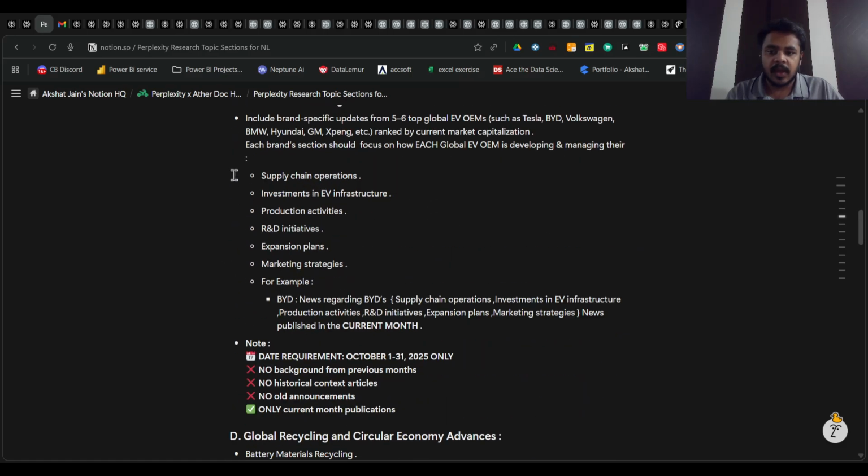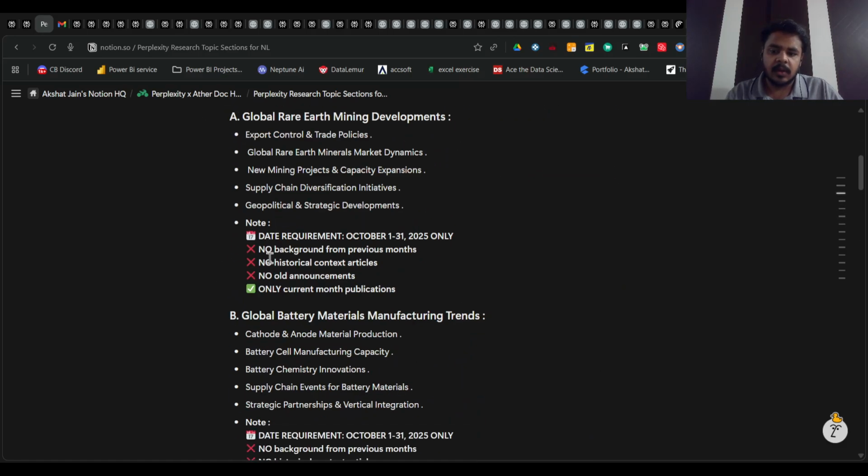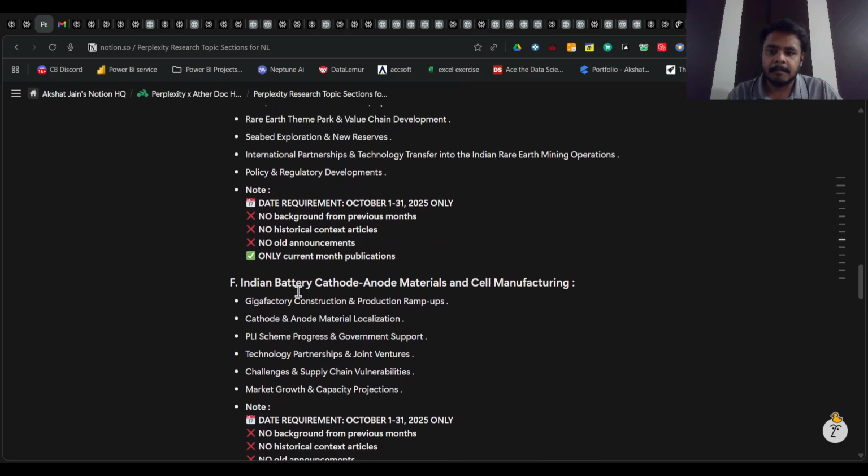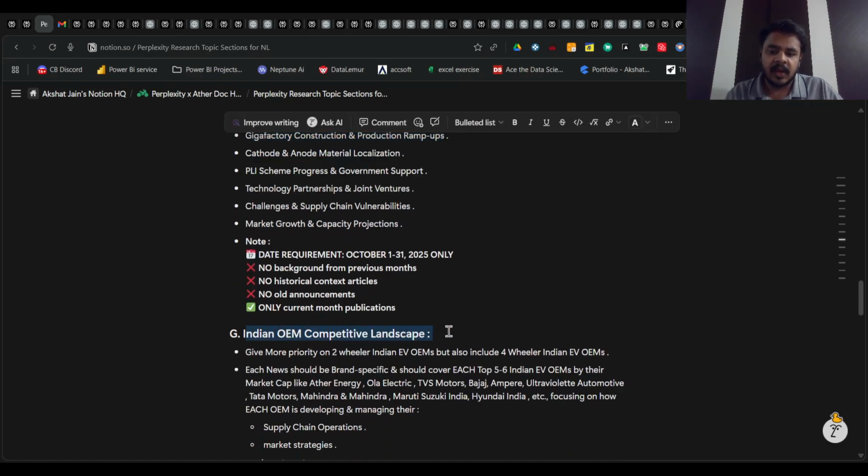As you can see, we have Indian EV cathode materials and cell manufacturing, like how the Indian companies are shaping the EV infrastructure in India, right? Then we have the Indian OEM landscape.